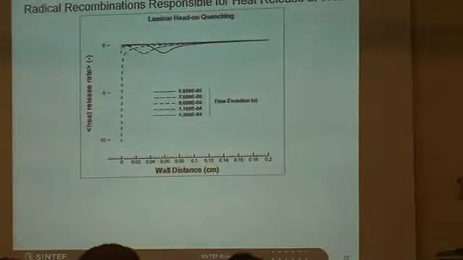Now, after some discussion on the effect on the flame, I come to the quenching. And this is a laminar flame. You see, for a laminar flame propagating towards the wall, you have a certain heat release. When the flame quenches at the wall, you have a tenfold increase in the heat release. This is because of the radical recombination reaction that I mentioned before.